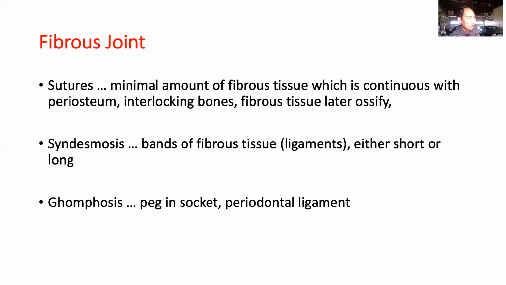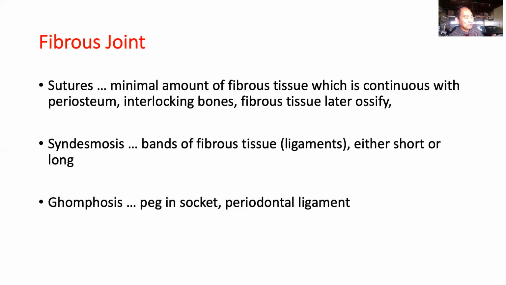The second type of fibrous joint is syndesmosis. In this type of fibrous joint, the fibrous tissue becomes denser, thicker, and becomes bands. They could be short or long, but stay acting as suture joints.